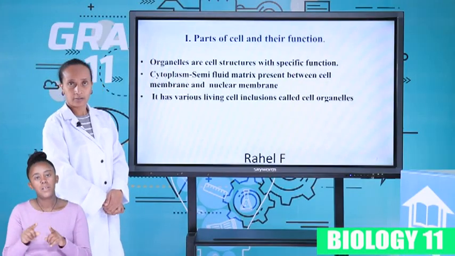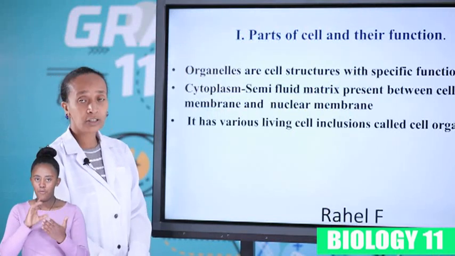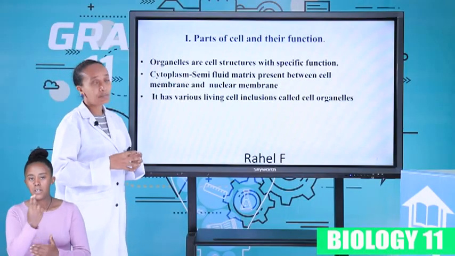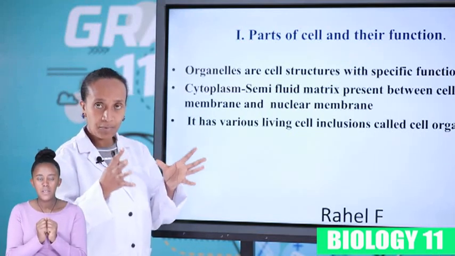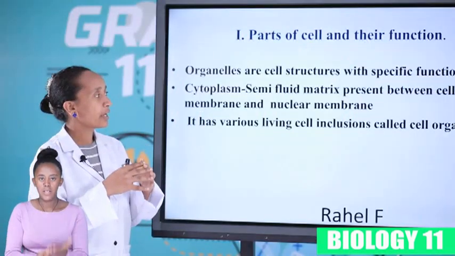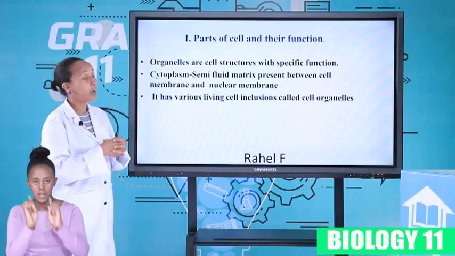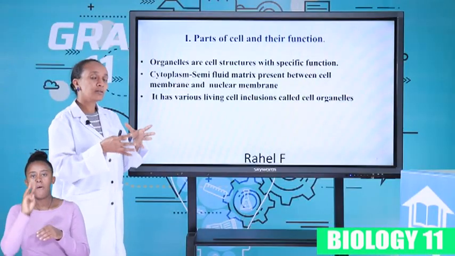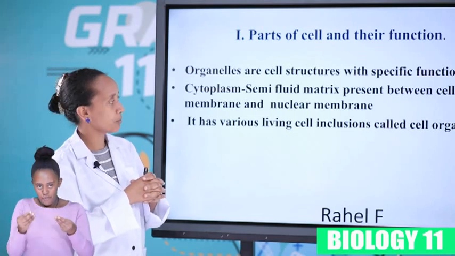When we start the lesson, it starts from parts of cell and their function. You have to imagine cell as a structure with a cell membrane that separates the cell content from its environment, and next to the cell membrane there is a structure known as cytoplasm, which is a fluid matrix that contains different organelles and different dissolved substances.